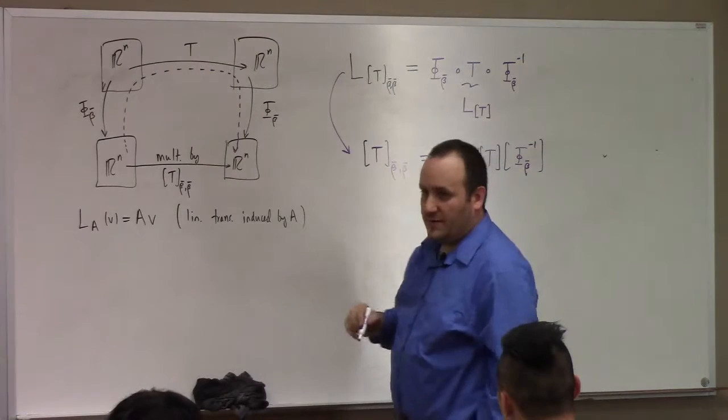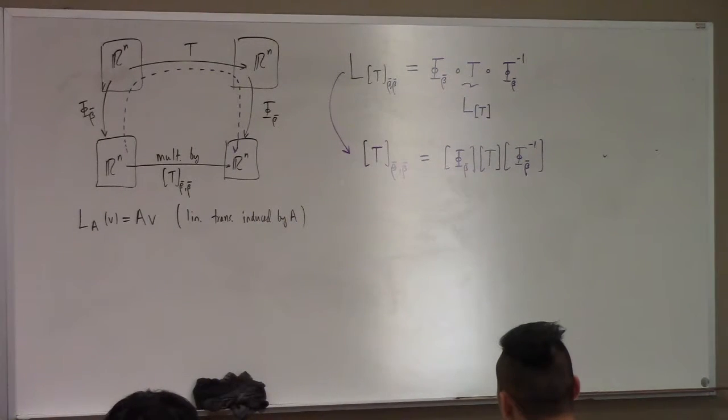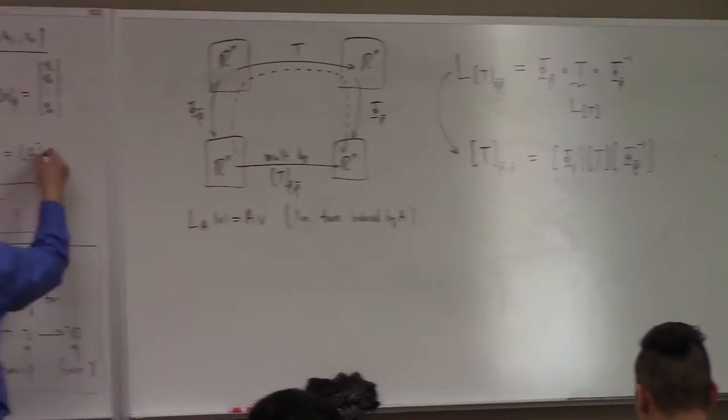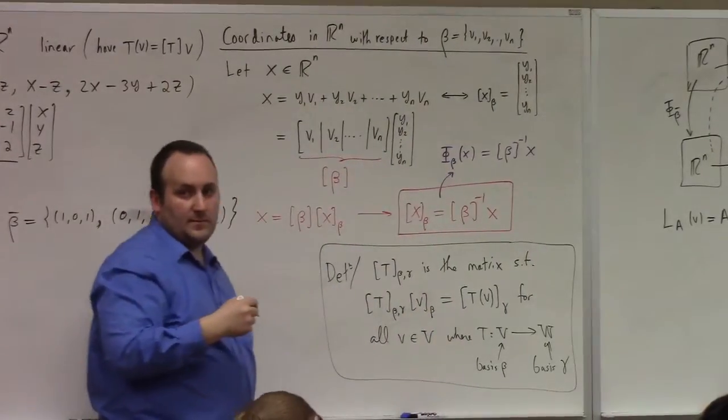I won't belabor this point, but that follows. And this right here, if I put this in terms of the coordinate mapping, says that phi beta acting on x is equal to beta inverse times x. What does that say?